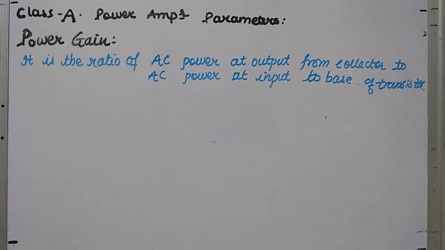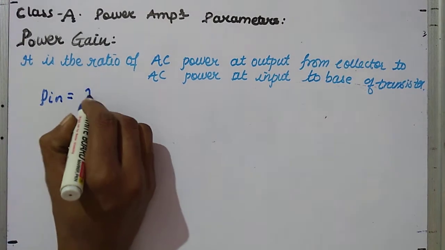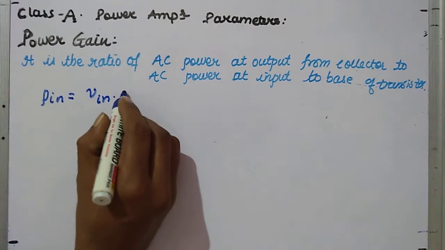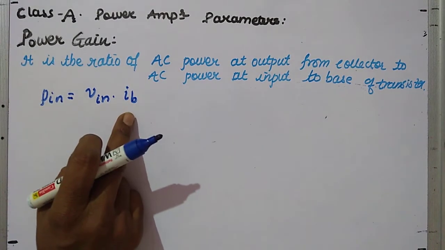Now we will derive the relations. So input power Pin is equal to input voltage into input current. Input current is the base current.